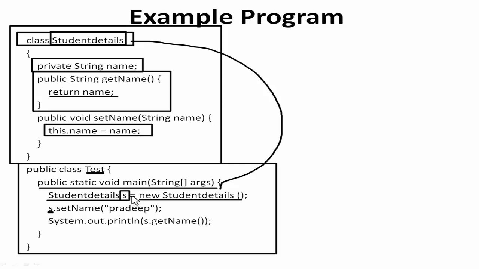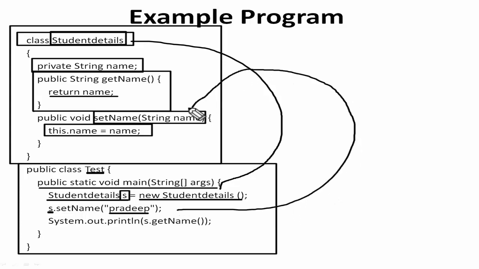Now you use the method called setName. SetName accepts one parameter, which is a string name. Here we set the name by passing the parameter Pradeep. So the parameter Pradeep is passed into the name. Even though the name is declared as private, it can be accessed by using public methods.